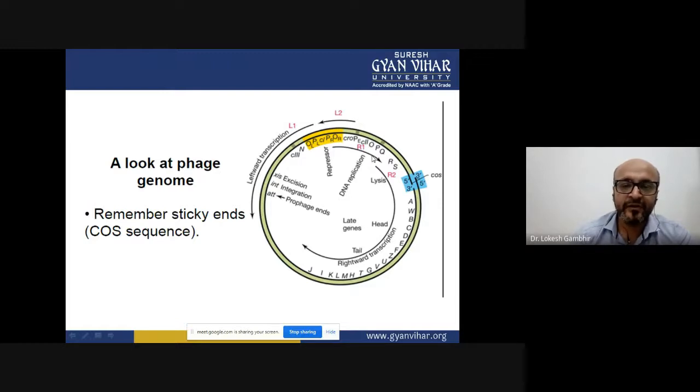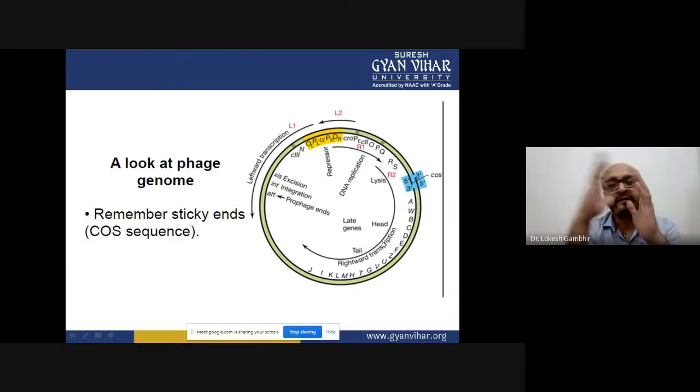The rightward transcription is required for DNA replication, where the genes C2, CRO, O, P and Q are required, and also the genes required for head, tail and lysis are present on the right-hand side.